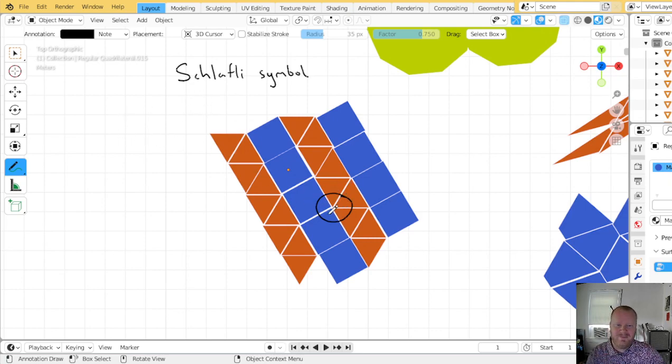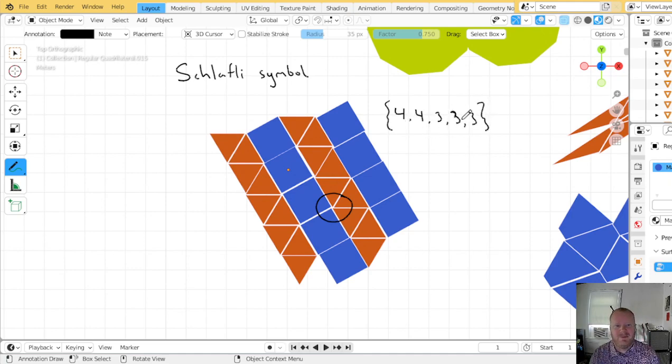So the Schlafli symbol for this tiling, I'm just going to move clockwise around here, is 4, 4, 3, 3, 3. Meaning that I've got a four-sided, four-sided, and then three-sided, three-sided, three-sided. This is one way to write the Schlafli symbol.